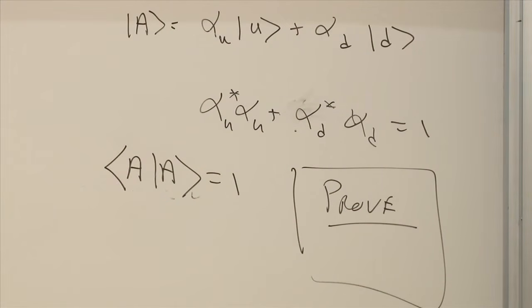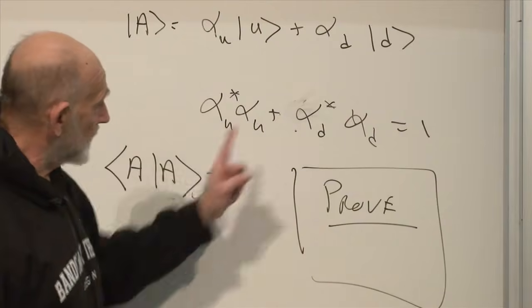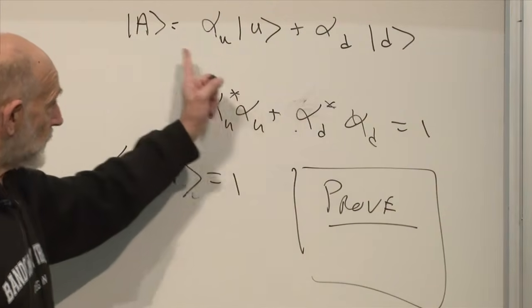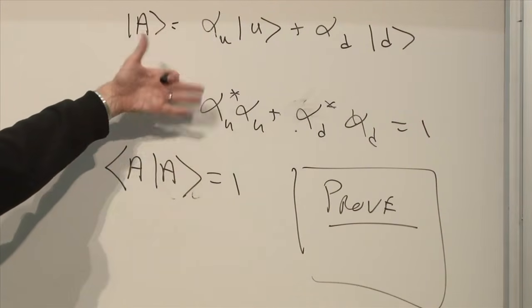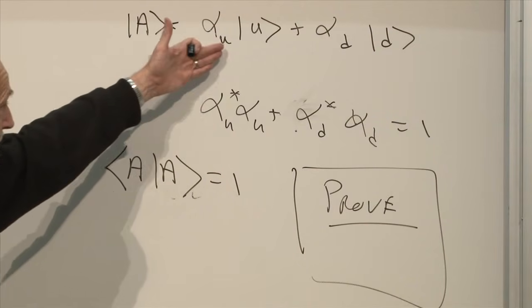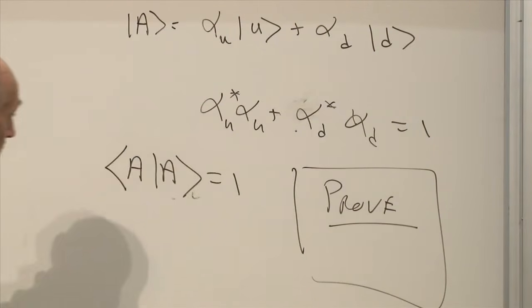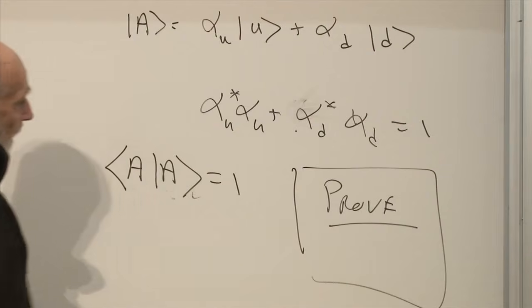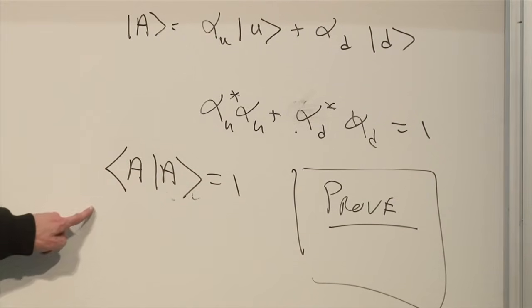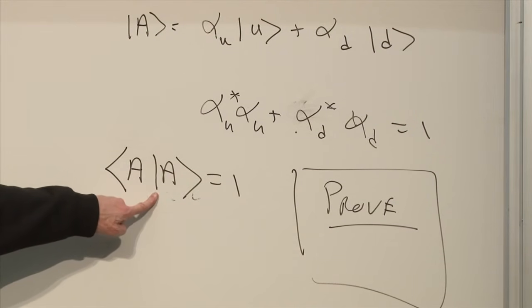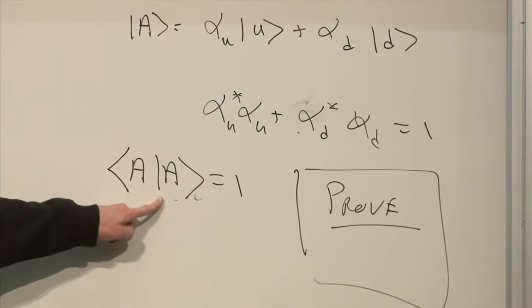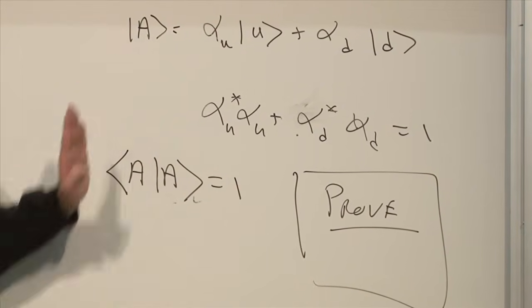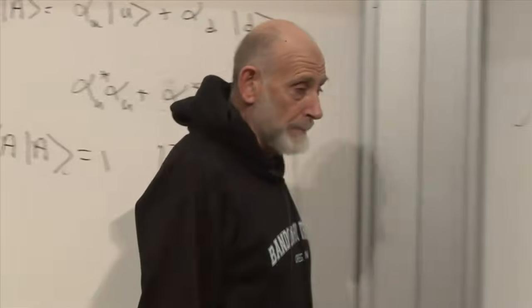And then you can prove that the inner product of a vector with itself is just the sum of the squares, or the conjugates times itself. Okay, so that's a little thing to prove. But what does that say? That says that a physical state corresponds to a vector in the vector space of unit length, a unit vector. The unit standing for the fact that the total probability is 1.